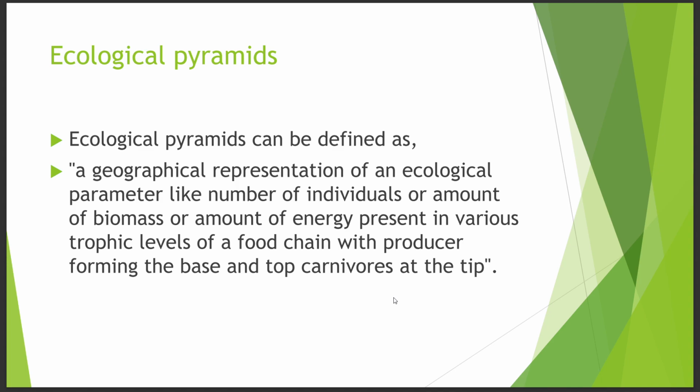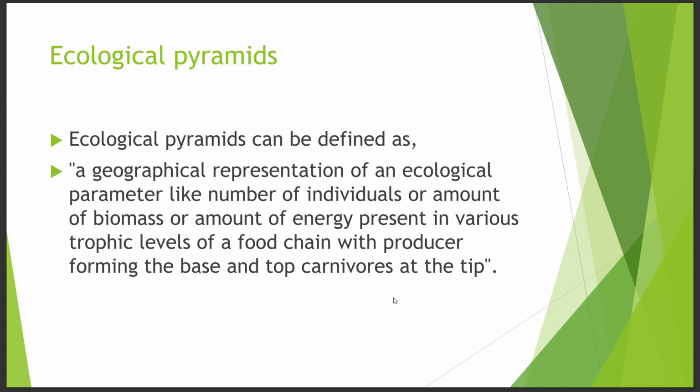There is gross primary productivity and net primary productivity. I'll be briefing it. So the ecological efficiency is the ratio between the amount of energy acquired from the lower trophic levels and the amount of energy transferred from the higher trophic level. The gross primary productivity, that is all the biomass generated by primary producers, is called gross primary productivity.